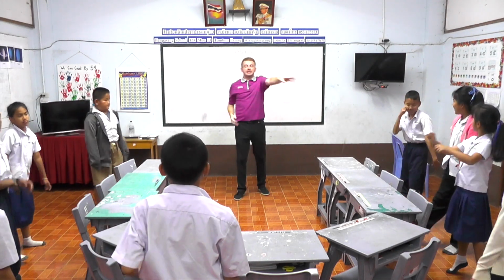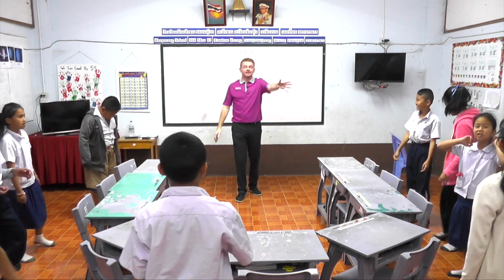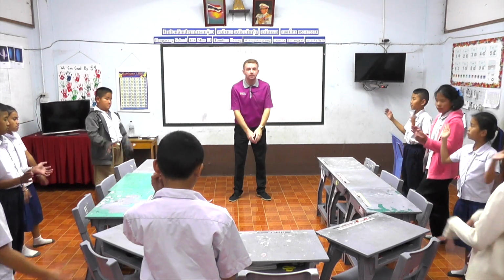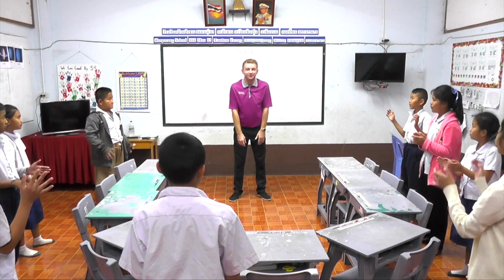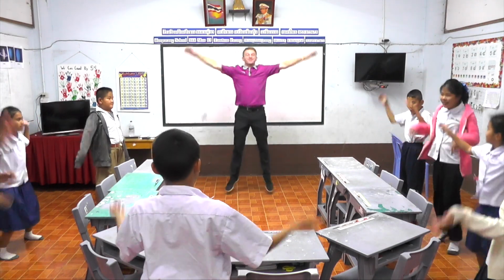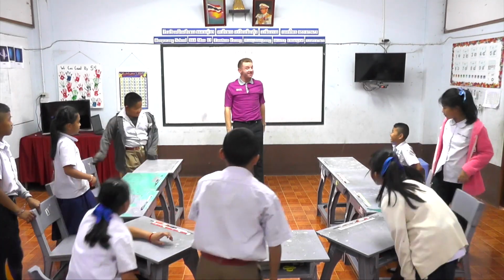Arms and legs, shake it out. And to finish, we will do 5 claps. Sorry, 5 star jumps. 1, 2, 3, 4, 5. Excellent, guys. Or star jumps and claps.